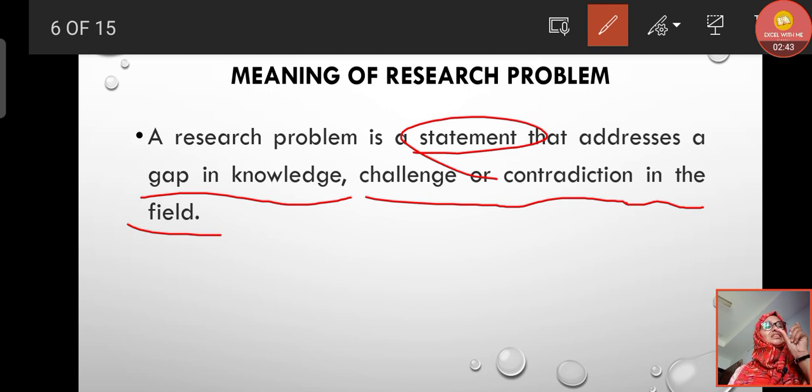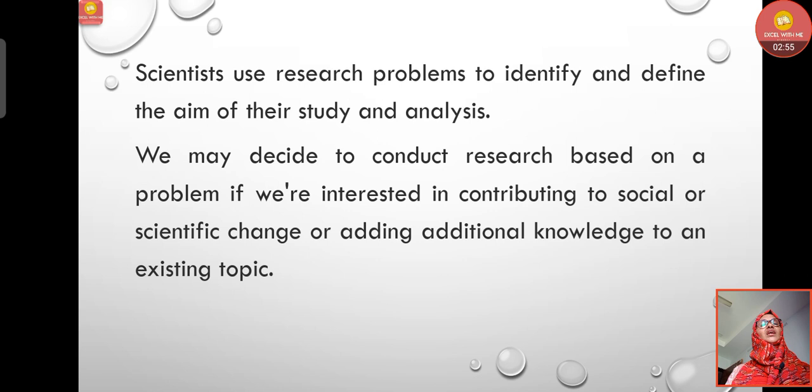A research problem is a statement which addresses a gap in knowledge, which can be a challenge or contradiction in your particular field. So scientists use research problems to identify and define the aim of their study and analysis.